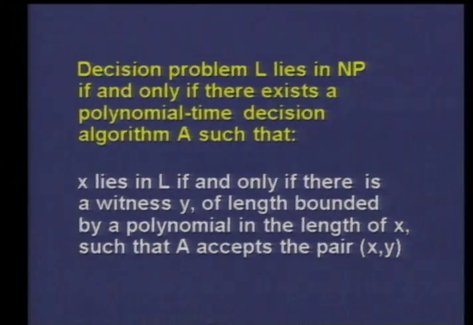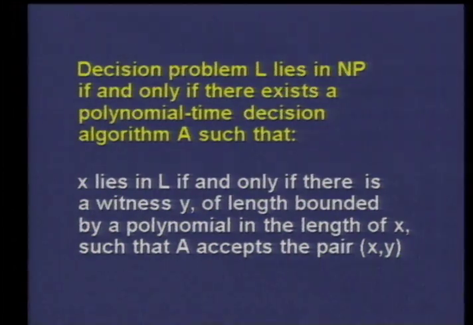So the idea behind this definition is that even though problem L might be hard, it lies in NP if once a solution is handed to you, it's not too difficult to check the solution against the input and verify that it is indeed a solution.